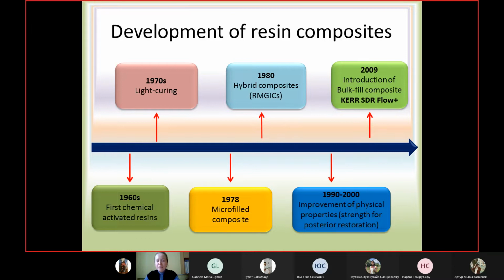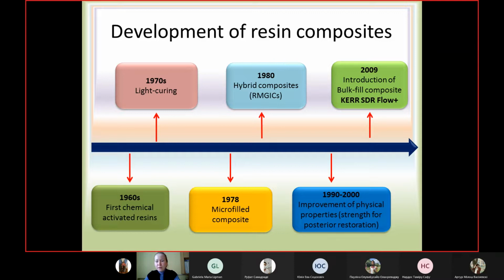Development continues, and the dental market now provides hybrid composites. They possess both macro and micro particles, big and small filler particles, and thus they are both aesthetic and strong enough for occlusal forces.